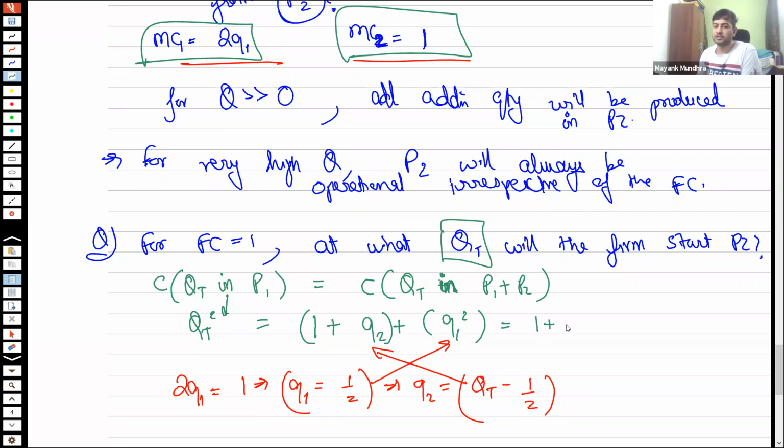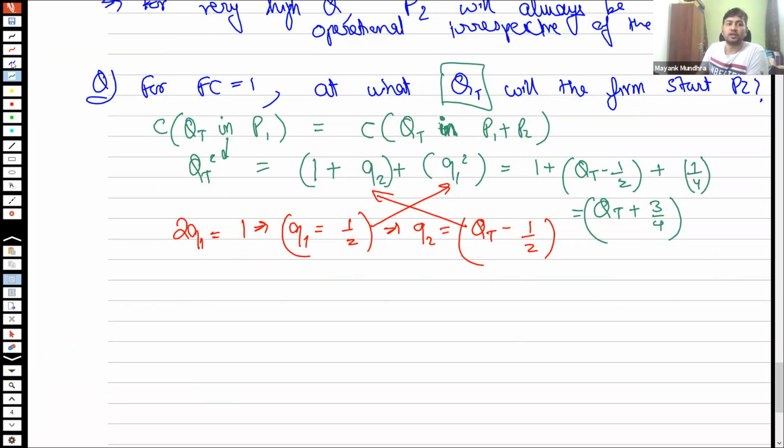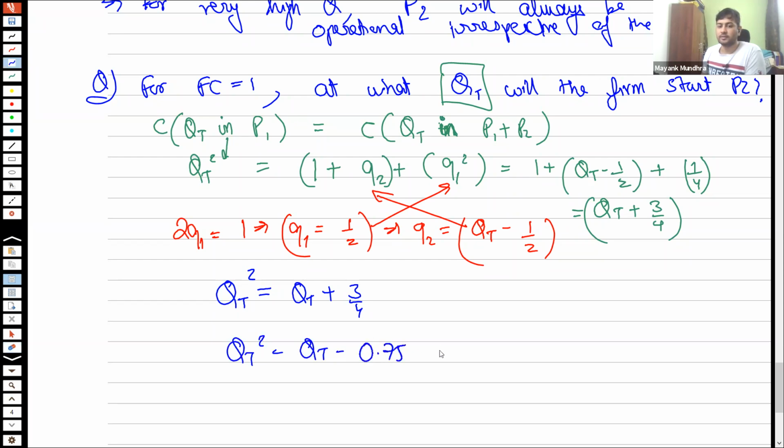So I'm going to make these substitutions here. This becomes 1 plus Q2, which is QT minus half, plus 1 by 4. So that is QT plus 3 by 4. Your final equation for threshold quantity is QT square equals QT plus 3 by 4, or QT square minus QT minus 3 by 4, which is 0.75, equals 0.